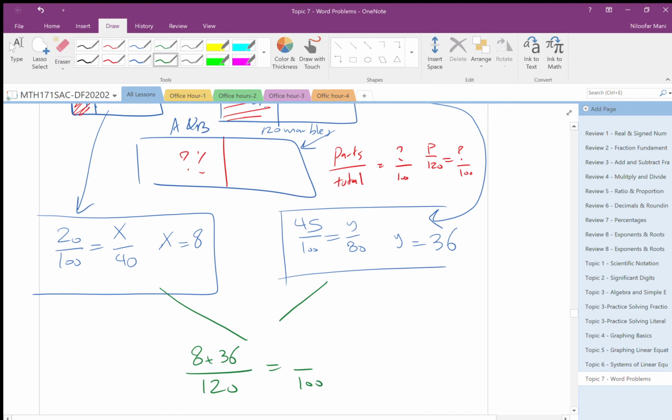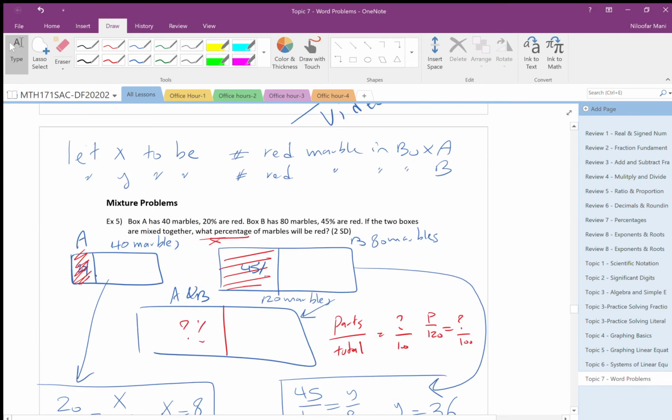So I can use z. Let z be the percent of red marbles in the final box.